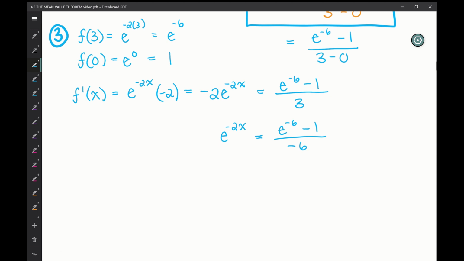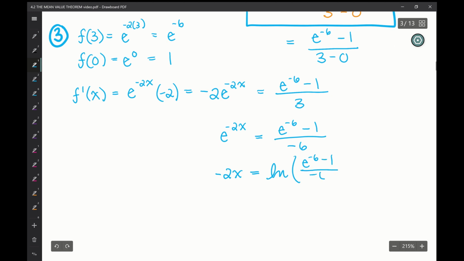So that means that I have negative 2x is equal to the natural log of that entire e to the negative 6 minus 1 all over negative 6. Dividing by negative 2, I have x is equal to negative 1/2 times the natural log of e to the negative 6 minus 1 over negative 6.